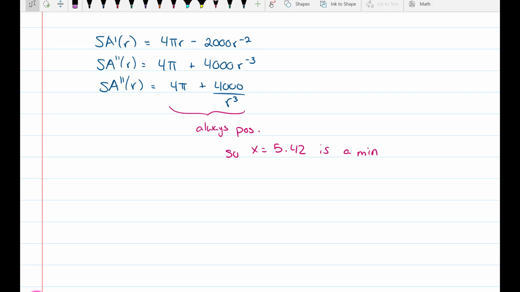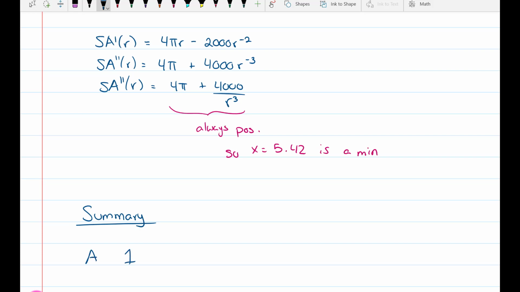Okay, so now we just need to write our summary so we can write off our answer. Remember, the question was, given a 1 liter can that uses the least surface area, find the dimensions.